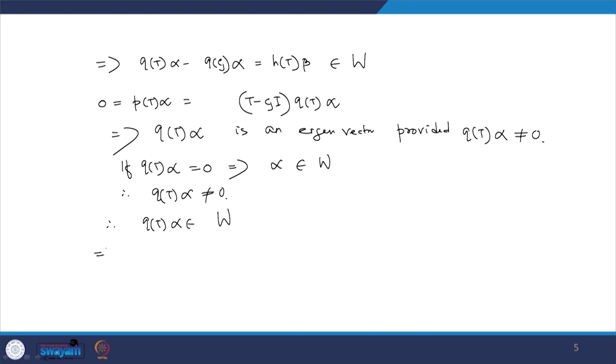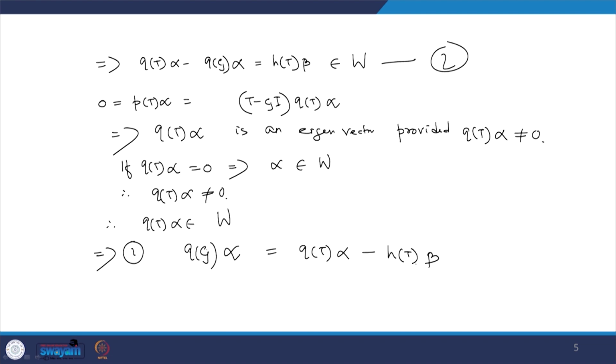So if I go to these expressions from I, we have Qcj alpha, which is equal to Qt alpha minus Ht beta.